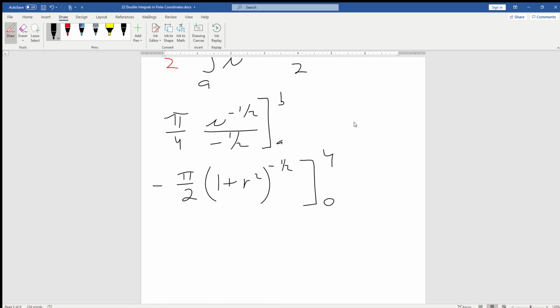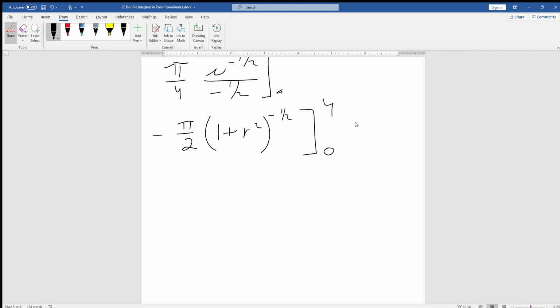This is not a polynomial, so we do have to concern ourselves with substituting 0 and substituting 4. So we substitute 4 back in: minus pi halves, 1 plus 4 squared to the minus 1/2, minus a negative pi halves, 1 plus 0 squared to the minus 1/2.